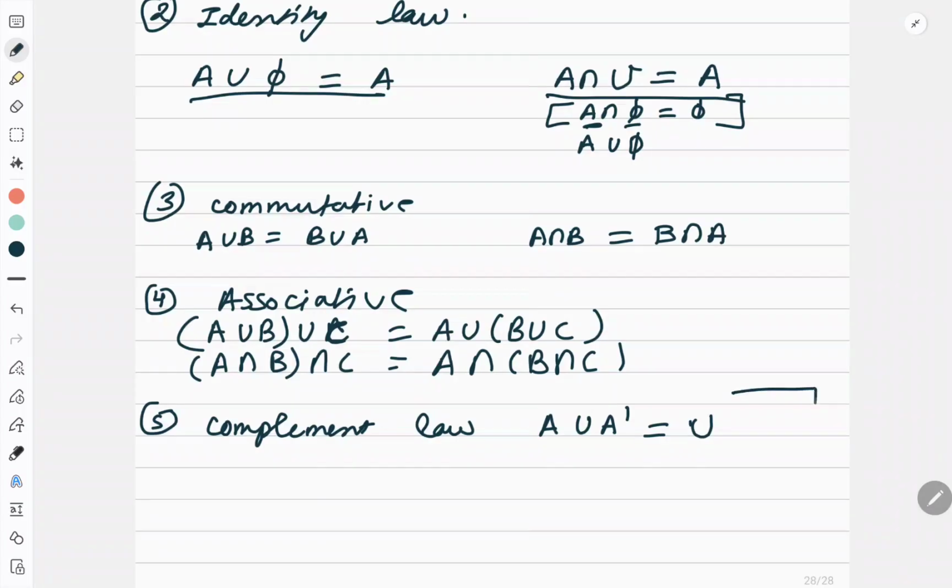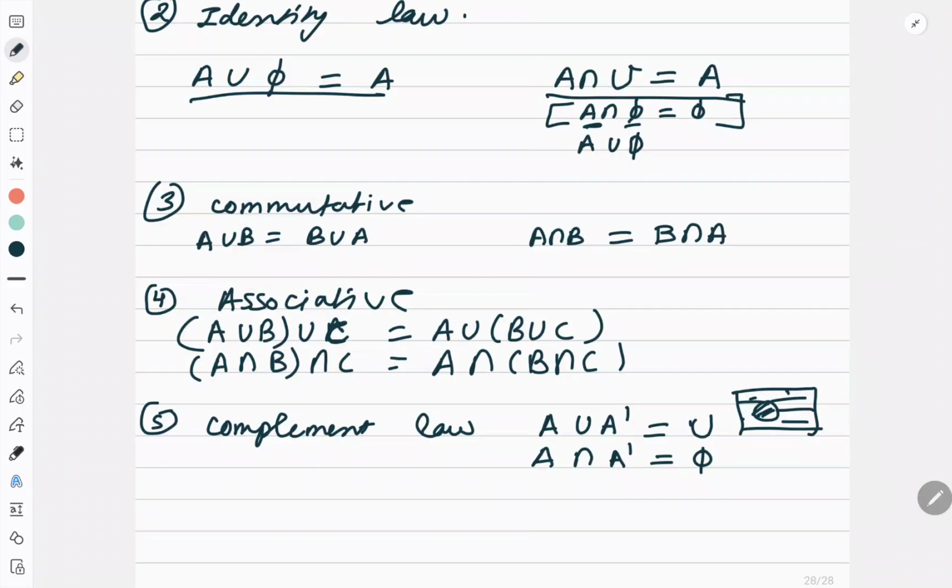Very simple. You can understand this using the Venn diagram. This is A. And what is A complement? The outside portion. So what is the union of this A and the outside portion? Full universal set. Same way, A intersection A complement is equal to the null set.